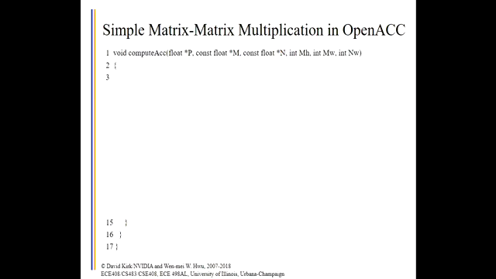We're going to first look at a piece of sequential code. The sequential code will have a for loop that iterates through the rows and columns of the output matrix, and generates one element at a time, right?